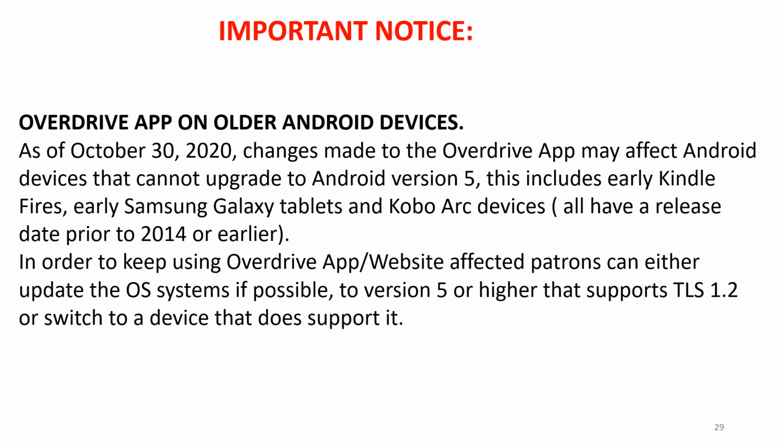In order to keep using Overdrive app or website, affected patrons can either update the operating system, if possible, to version 5 or higher that supports TLS 1.2, or switch to a device that does support it.